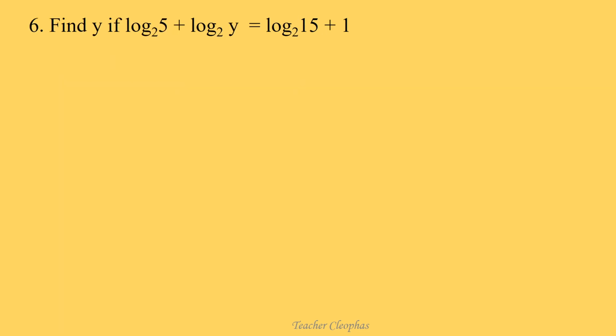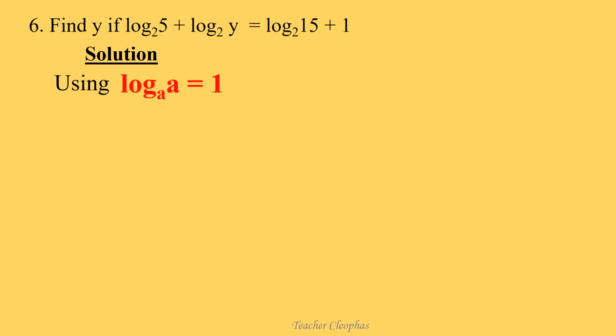Question 6. Find y if the logarithm of 5 to base 2 plus the logarithm of y to base 2 equals the logarithm of 15 to base 2 plus 1. Solution. We know that the logarithm of any number to base itself equals 1.